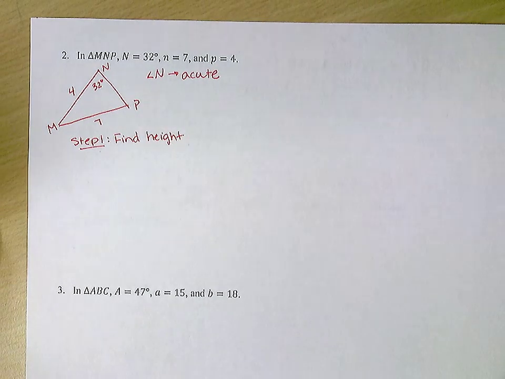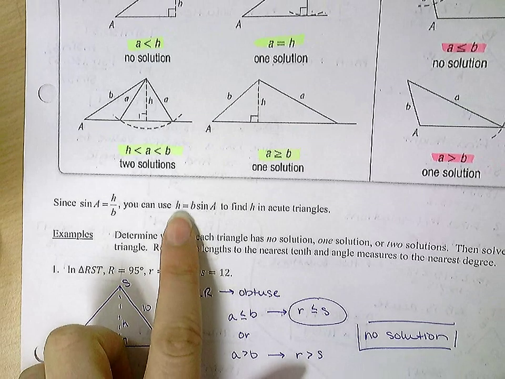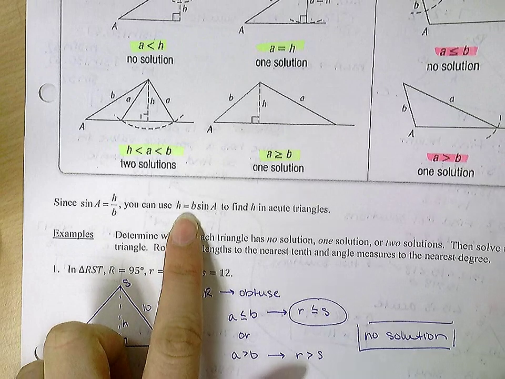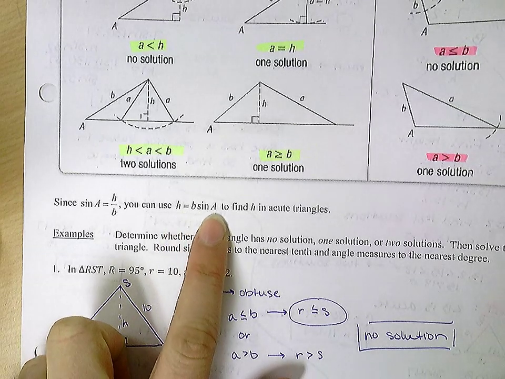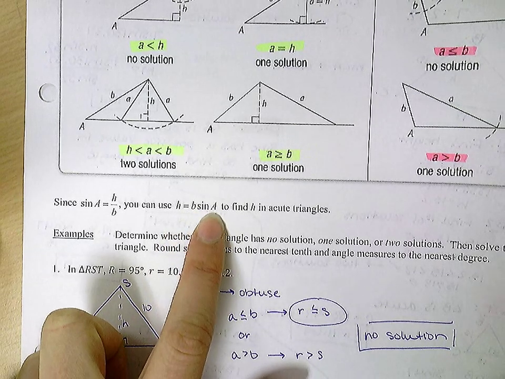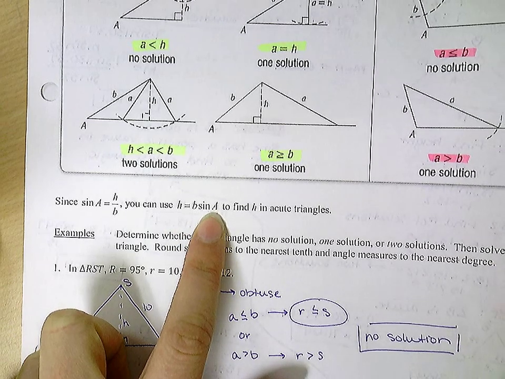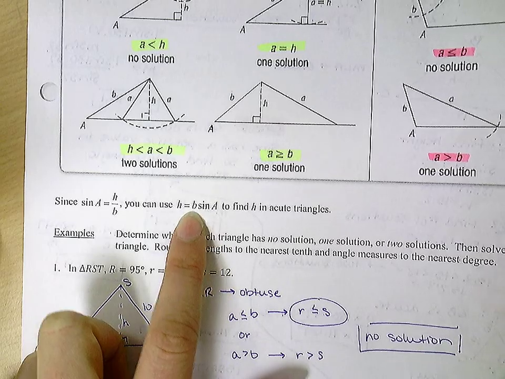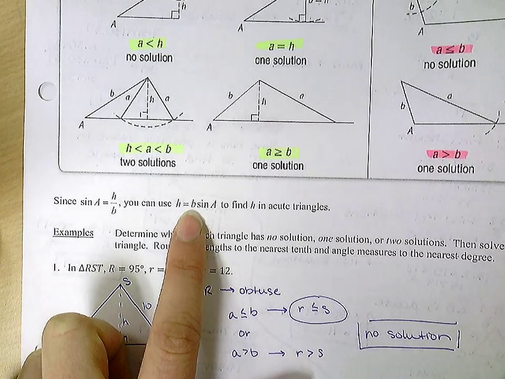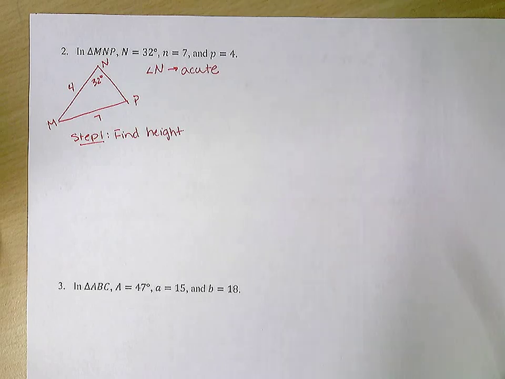Okay, so I want to find the height. To find the height, we're going to use this equation right here. So h is equal to b times the sine of a. So we're using a as the angle that we were given. We're only given one angle. And we're going to multiply it by the side that's not across from that angle.